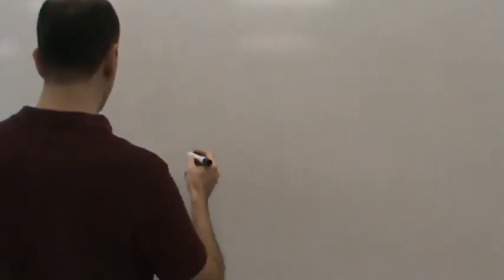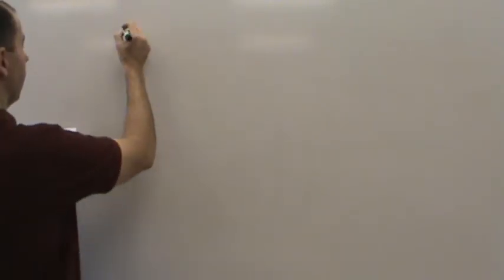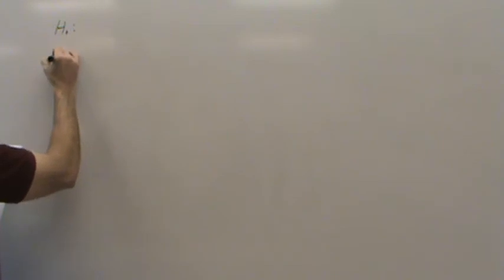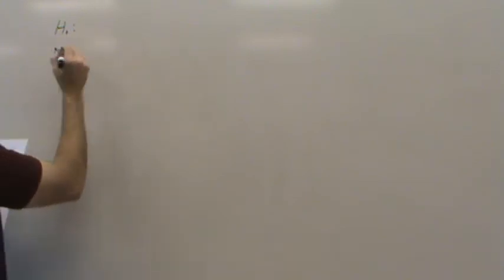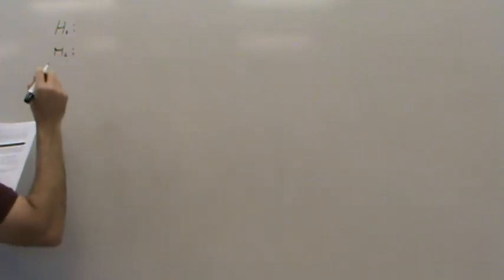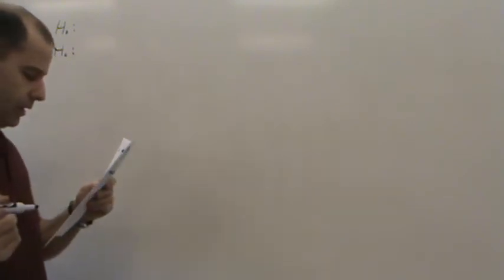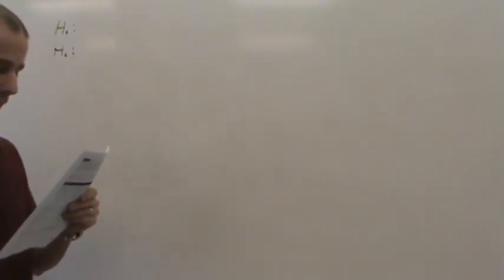So our null and alternative hypotheses: we have two variables, the type of volunteer and the number of hours volunteered.